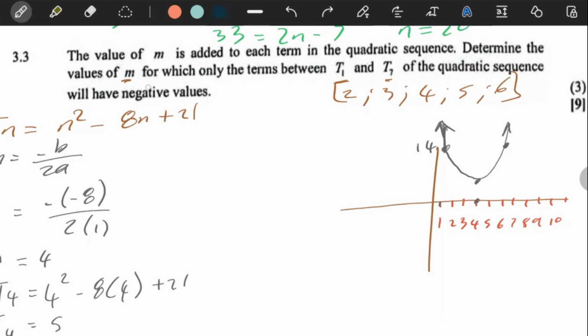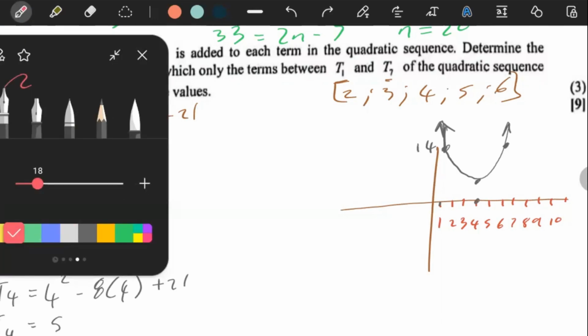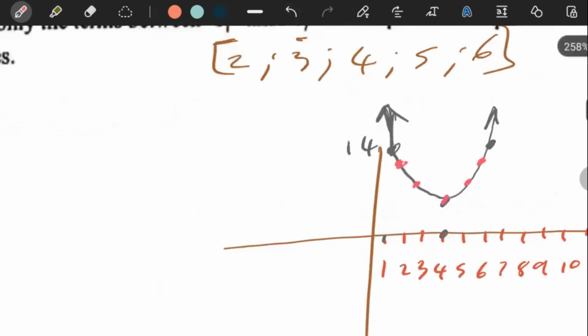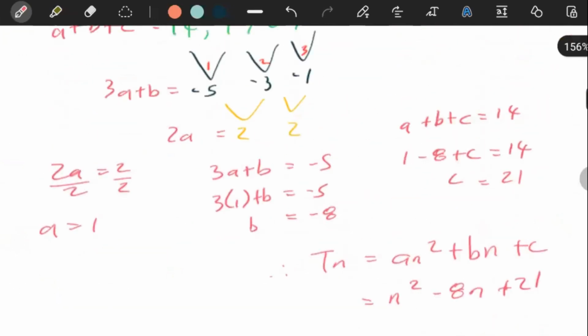Determine the value of m for which only the terms between 1 and 7 of the quadratic sequence will have negative values. So if you look at terms between 1 and 7, right, originally you have 9, 6, and then 5, then 9 again, and then 6, because this is parabolic. So the values here will be the same as on the other side there. We know that because of the sequence, you see.